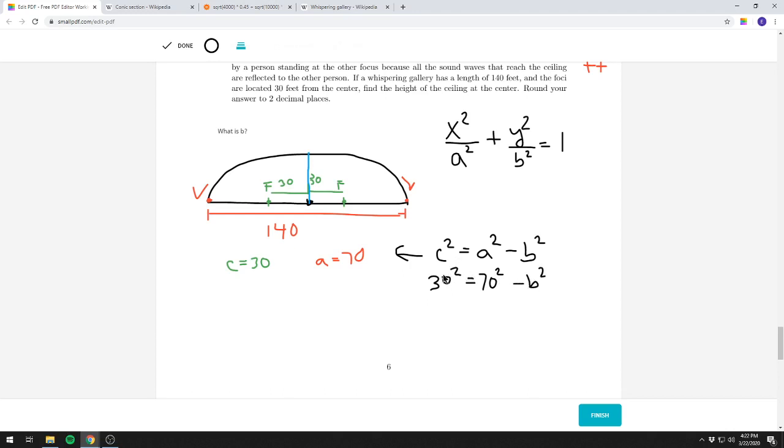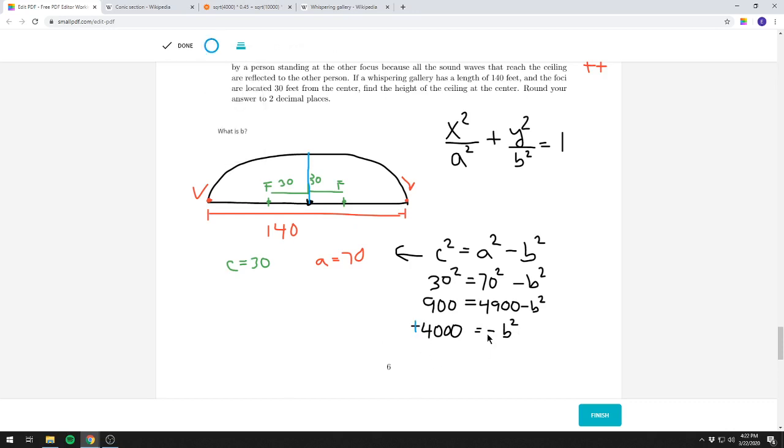Square each of those out. 30 squared is 900. 70 squared is 4,900. Subtract the 4,900 from each side, we get negative 4,000 equals negative b squared.